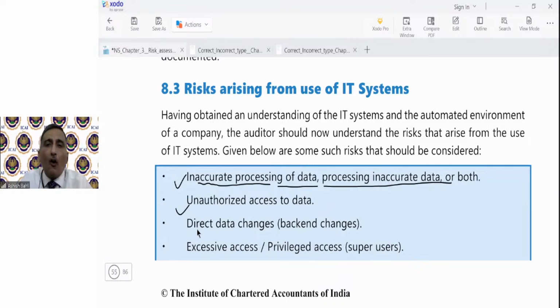But all these kinds of things can be controlled and managed, but you have to understand that these are the risks which emanate from the use of IT systems, and these risks exist. Whether these risks in fact materialize or not, that is another matter. But you have to first understand that in the first place, such kinds of risks exist from the use of IT systems.